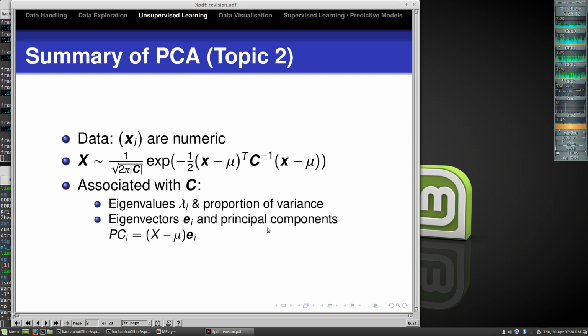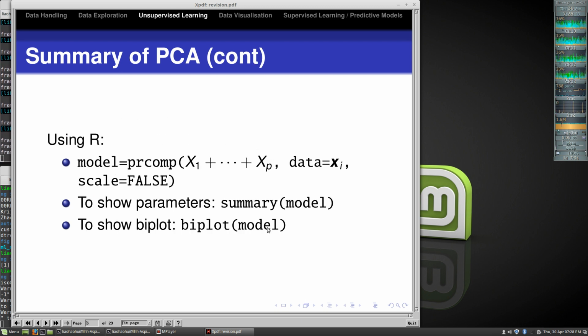It's very important for the biplot, as you can see in R.